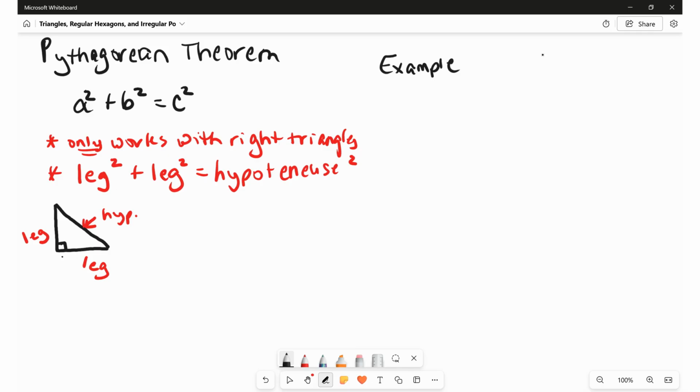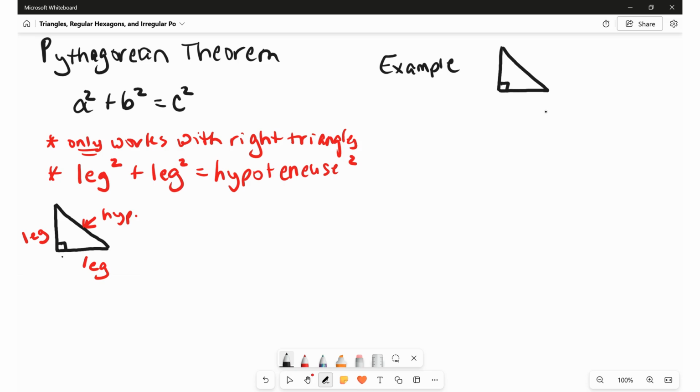All right, so we have this triangle. And we see this little square in here, so we know that it's a right triangle.